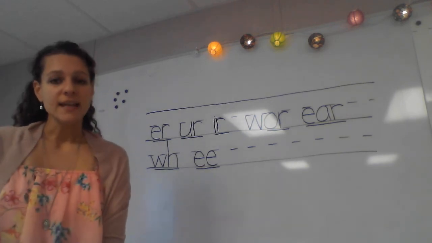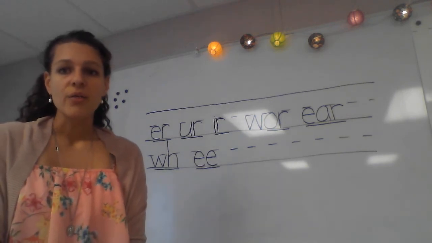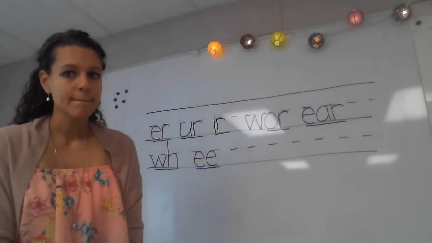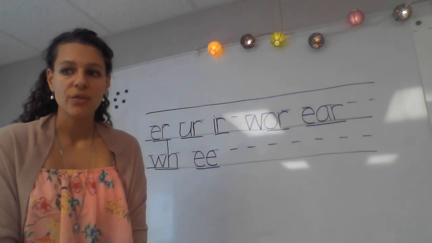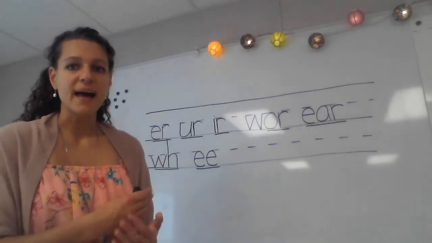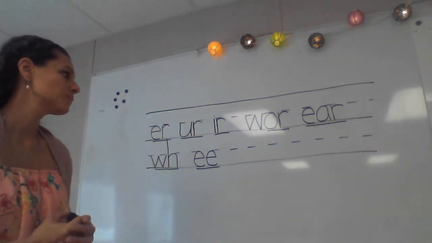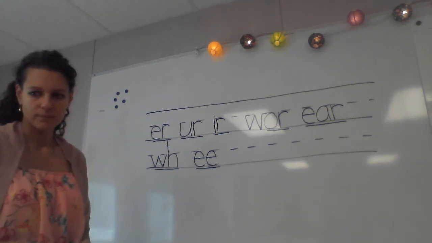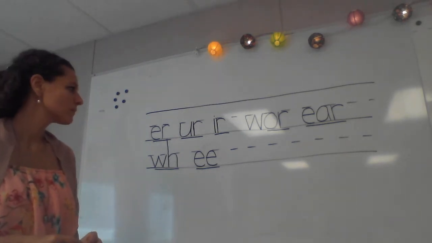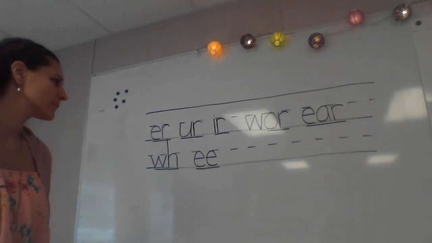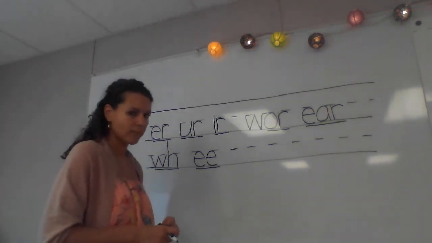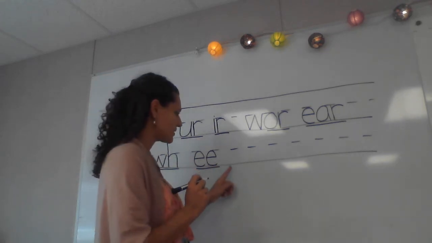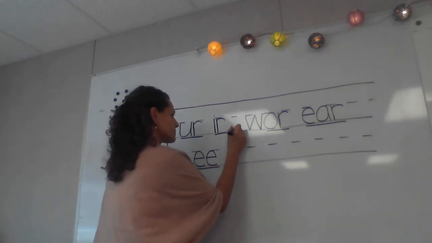All right, next we're going to write What are you going to write? Good. So write that and say it while you write it. All right, this is our and make sure you have a clock space.